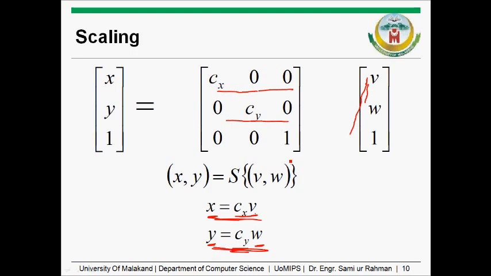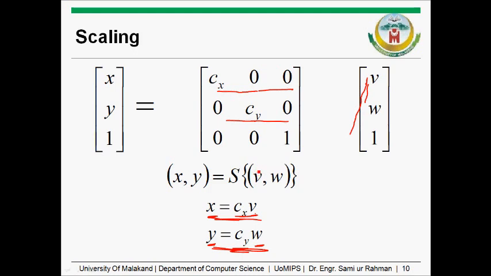So again this is the 3 by 3 matrix. Whether it is scaling, rotation or translation, we always consider this 3 by 3 matrix. It is a general representation for any type of transformation.